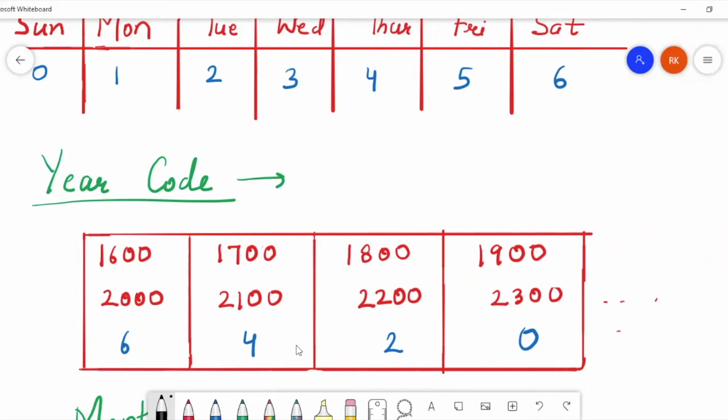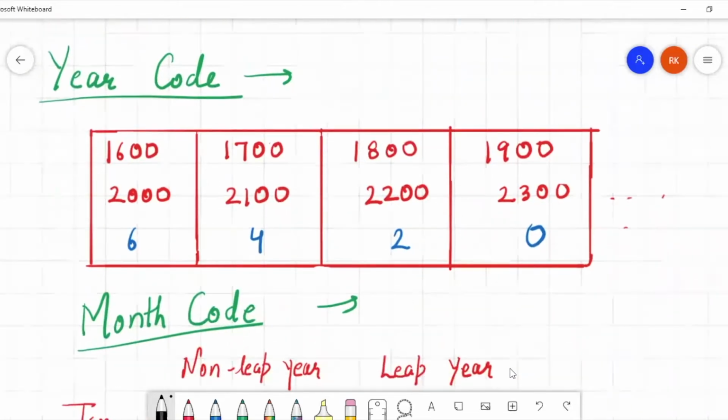Now again subtract 2. So 1800 will have 4 minus 2, which is equal to 2 as its year code. Then 1900 will have 0, since 2 minus 2 is 0. Then again 2000 will have 6, 2100 will have 4, 2200 will have 2, 2300 will have 0. It continues. You just have to make pairs of 4.